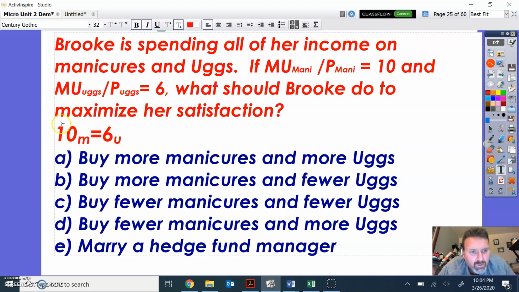To get this number to go down, you need to buy more manicures. Okay, and when you buy more manicures, this number will drop. And when you want this number to go up, you buy fewer Uggs and that number will go up. So more manicures and fewer Uggs, B is the correct answer. Okay?